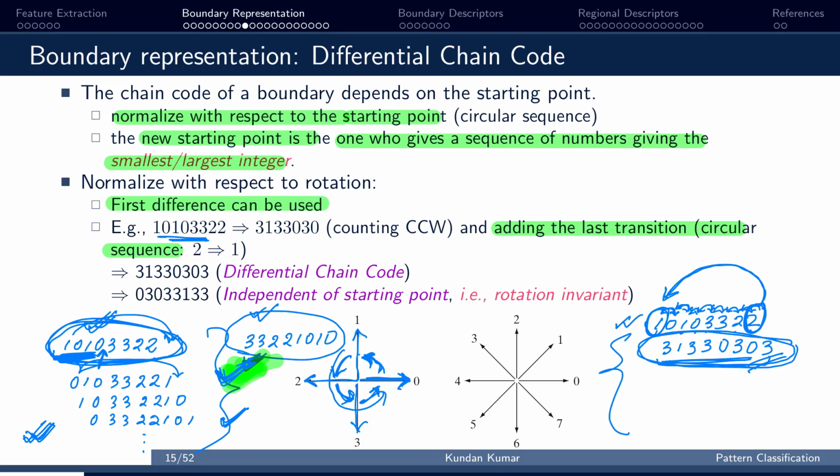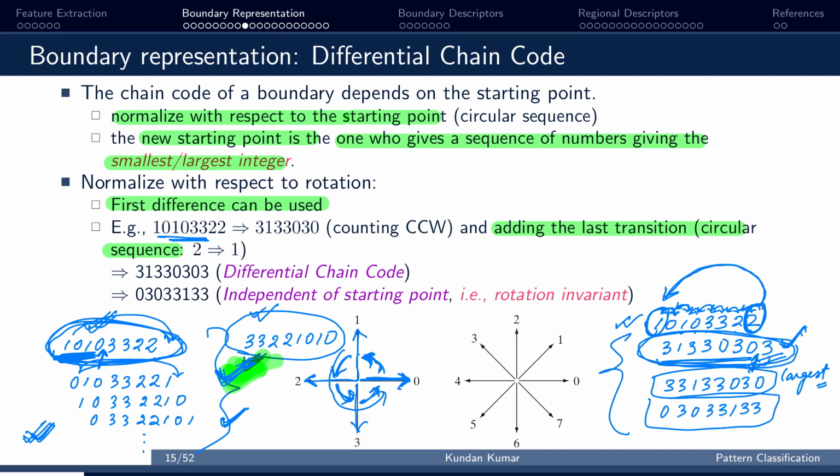To make the largest integer, we can write from here 331333030. This is the largest integer possible using this chain code, or we can write the smallest one also. It will be 030333133.